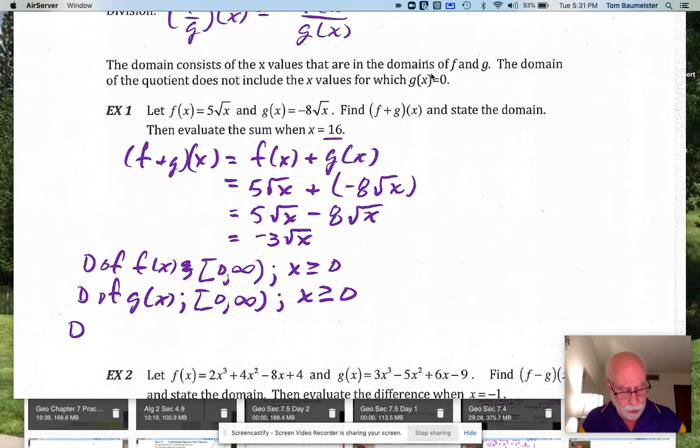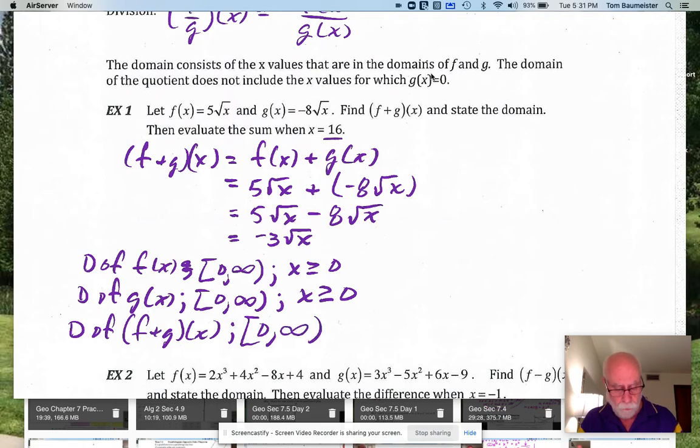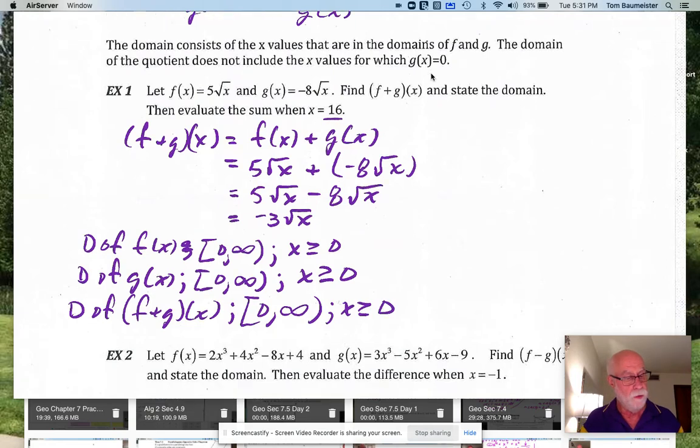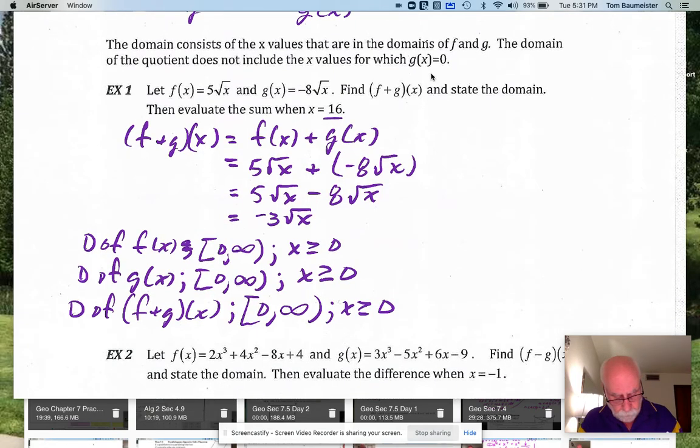And then the domain of f plus g of x, again, that one's not going to change on this one here. So we can say that it's, again, from 0 to infinity. Remember, the bracket means it includes that, or again, Big Ideas will probably have us do x is greater than or equal to 0. So now we're going to just plug that in.